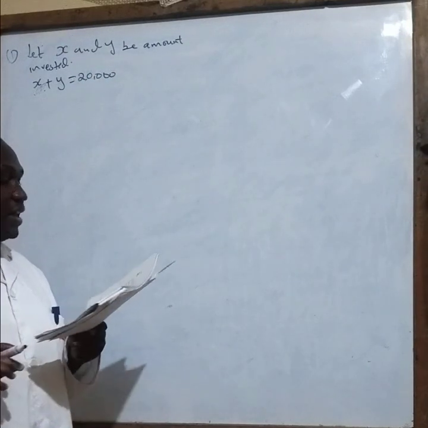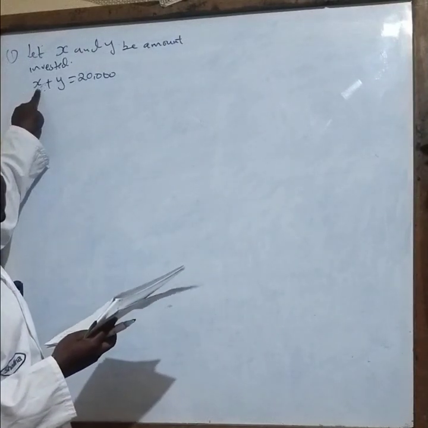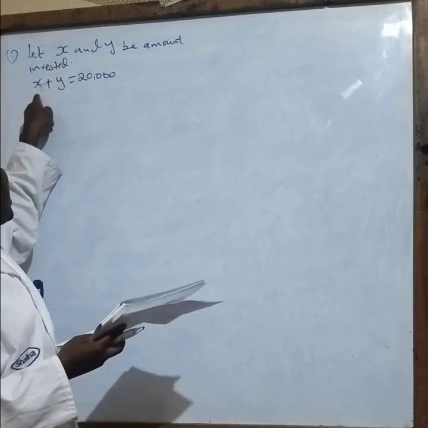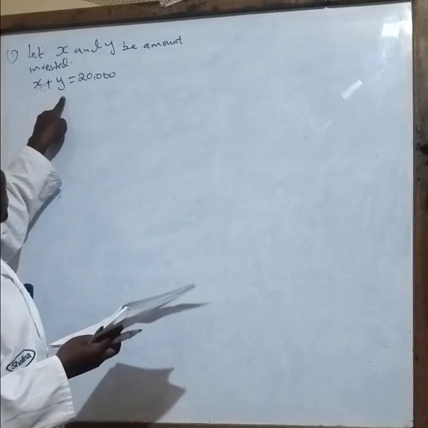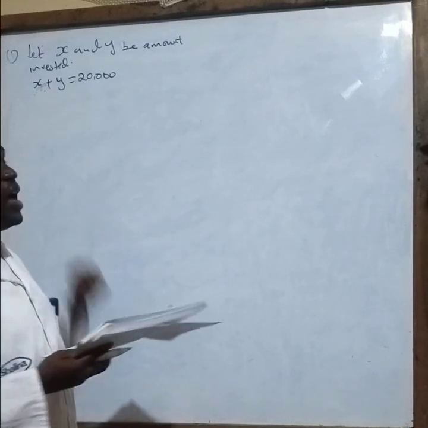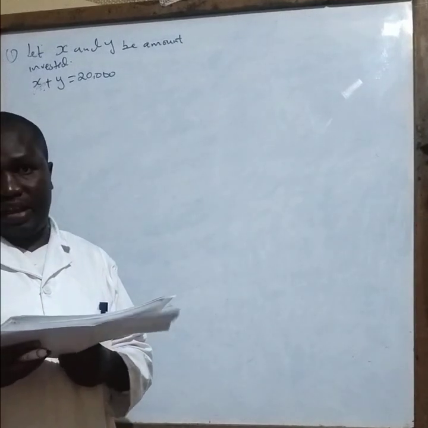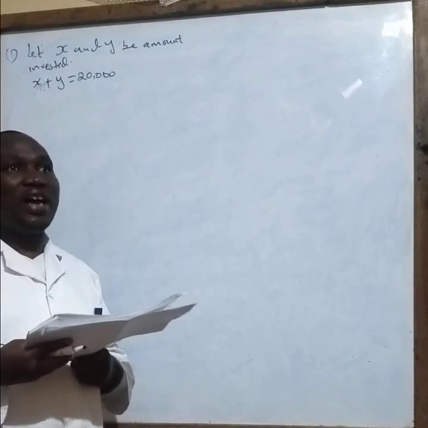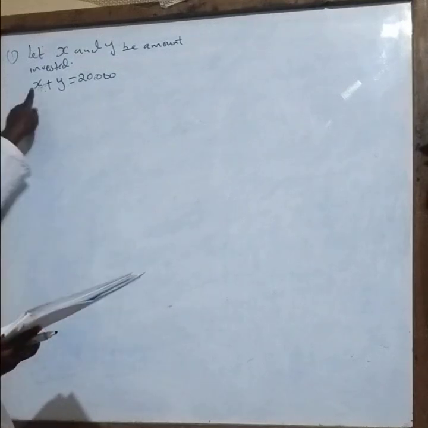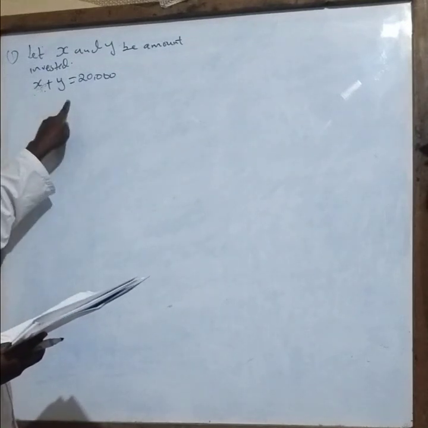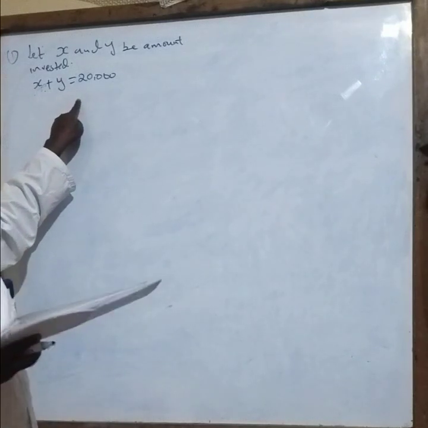Then they are saying there is part of this money which is X of the 20,000 and Y for this one. So this X and Y are being invested at interest rates of 8% and 12%, giving a return of 11%. Therefore, I will take 8% of X, then 12% of Y, and it should be equal to 11% of the investment.